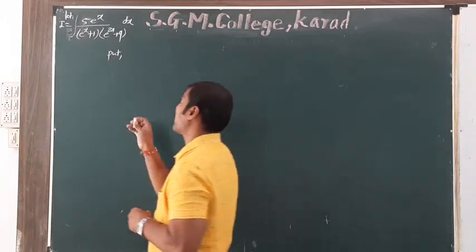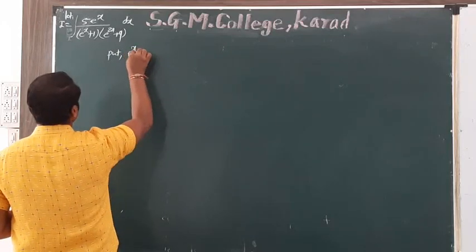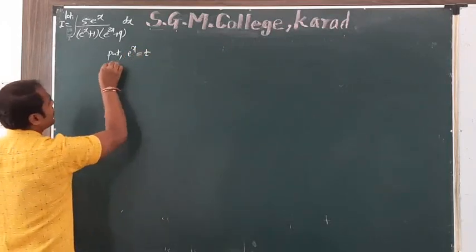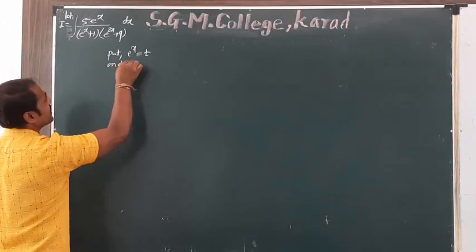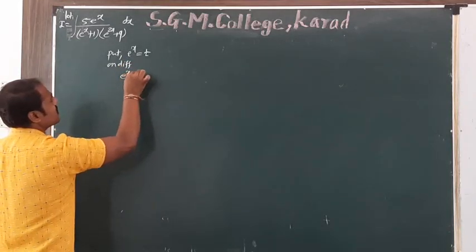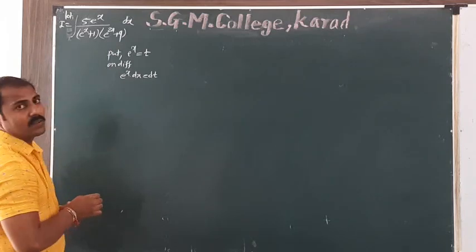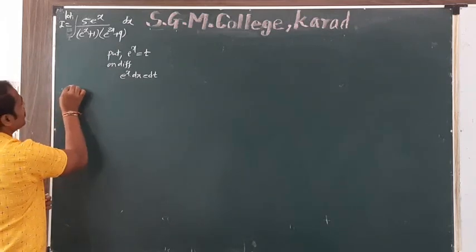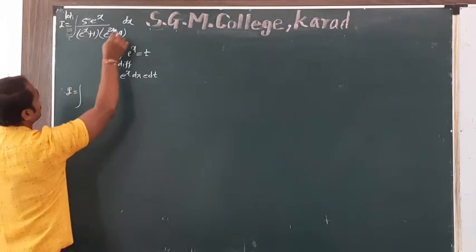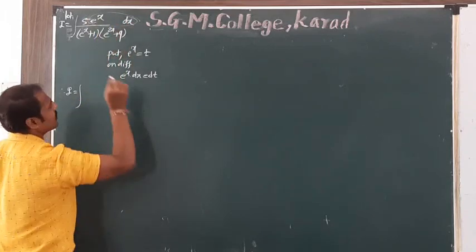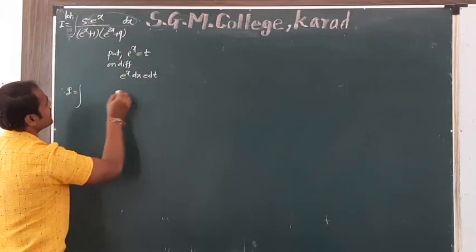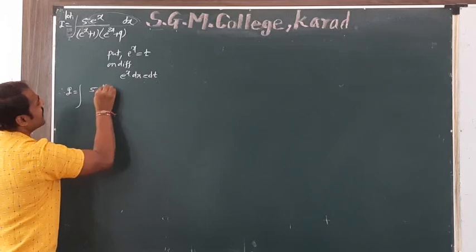When we put e raised to x equal to t, on differentiating we write e raised to x dx is equal to dt.